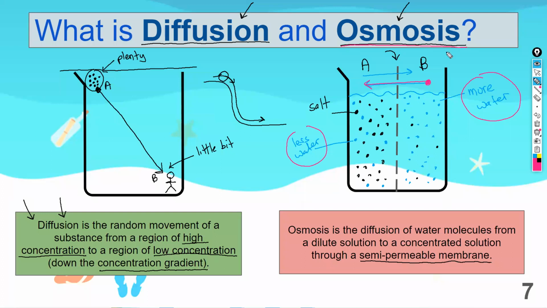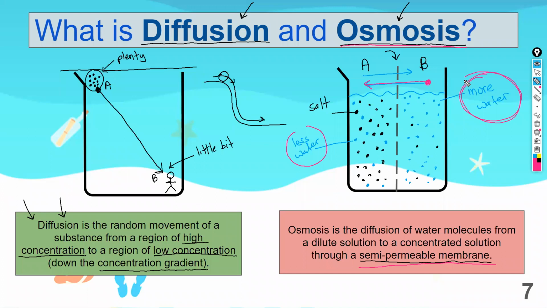Osmosis, you must realize, is a type of diffusion, right? Because at the end of the day, we're talking about moving from more to an area of little bit. But the difference is you're only allowed to call it osmosis if you have a semi-permeable membrane and you're talking about water only.